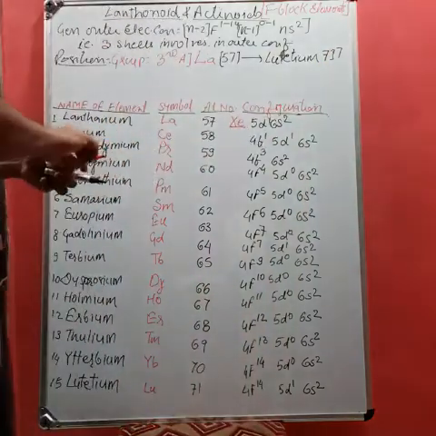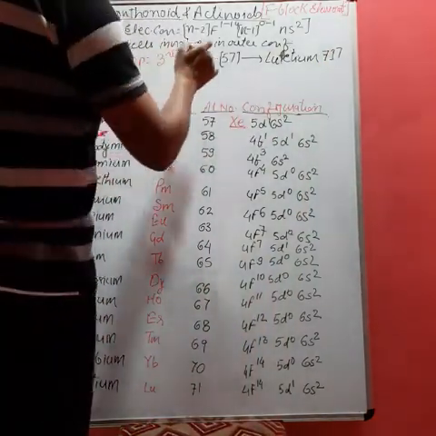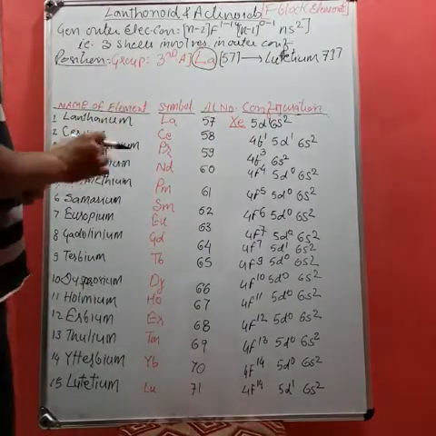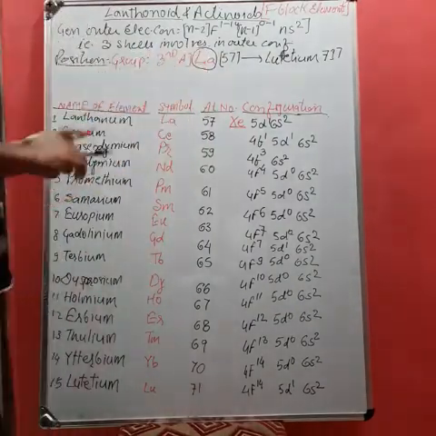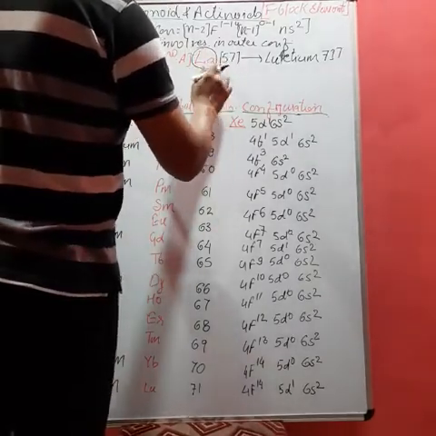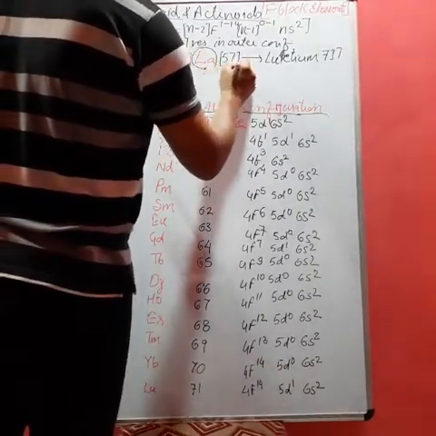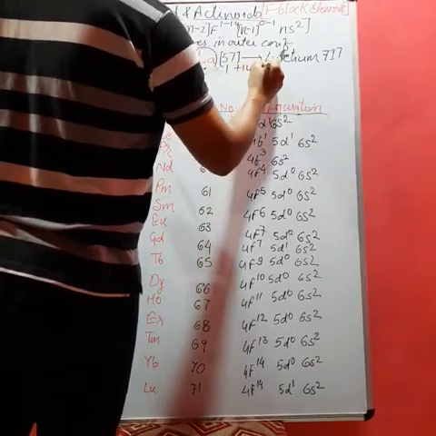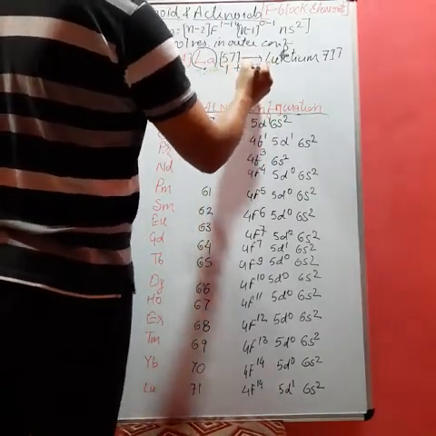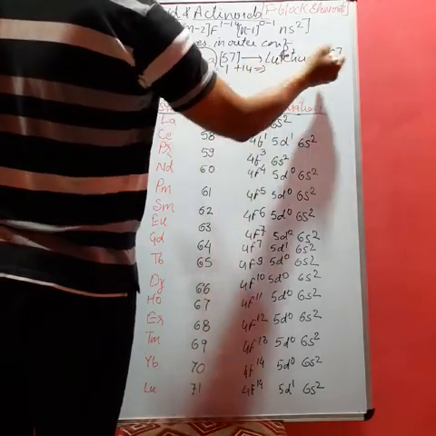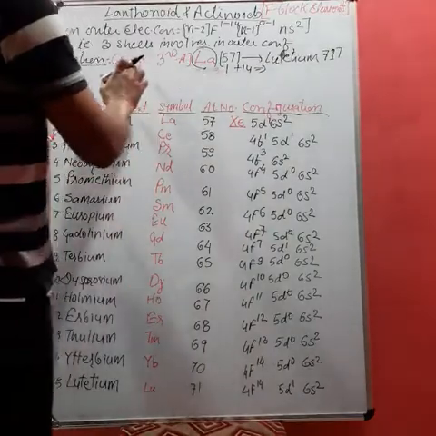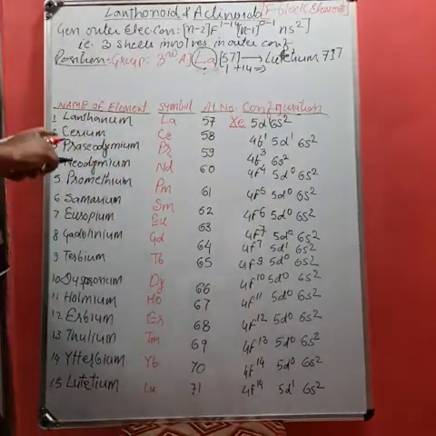Actually, student, the first element lanthanum very much resembles the lanthanides, therefore it is also included. So here we count 1 plus 14 more elements, 57, 58 and so on up to atomic number 71. That is 15 elements placed in group third in series A.